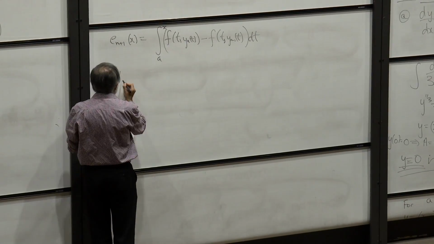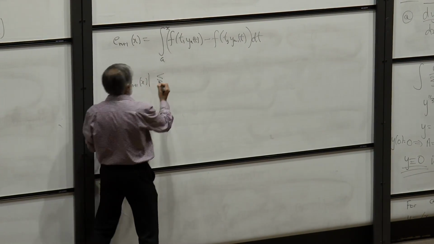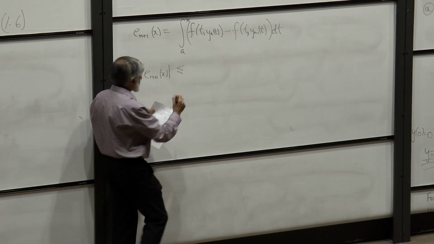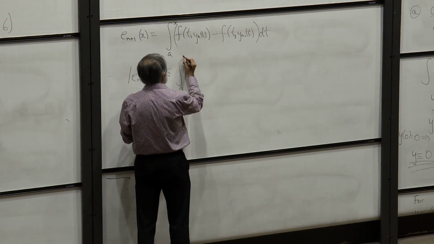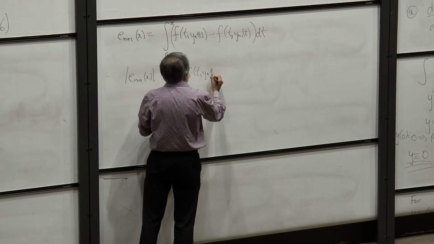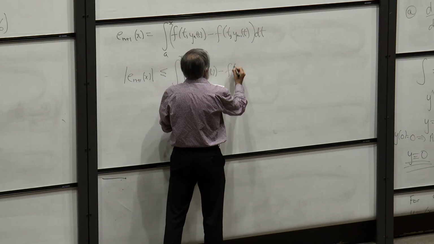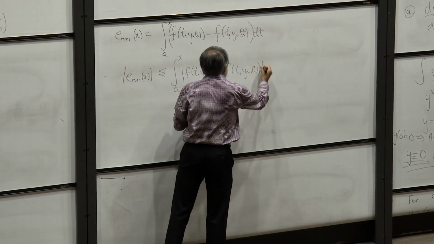So the modulus of E_{n+1} of x is then less than or equal to the integral from a to x, the modulus of f of t y_n of t minus f of t y_{n-1} of t dt.